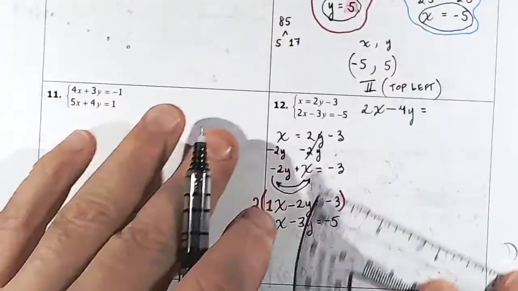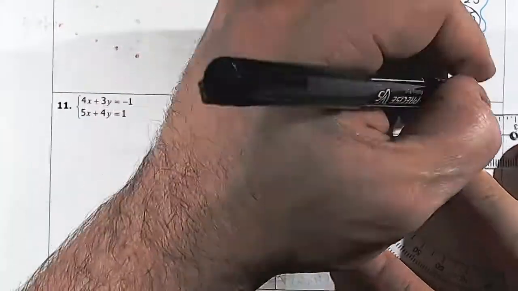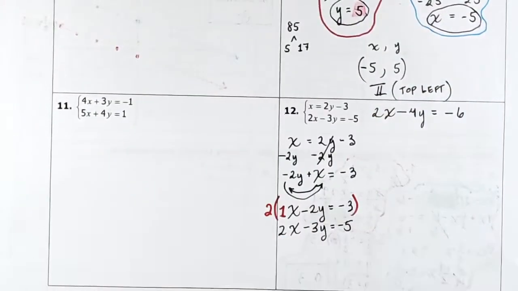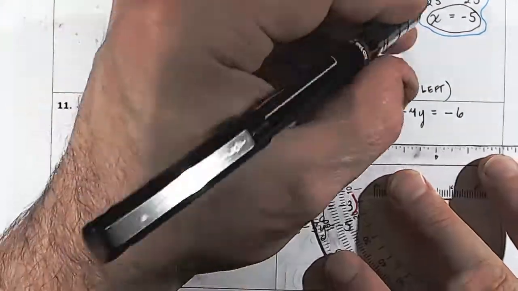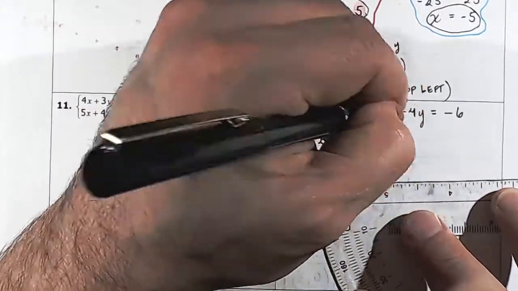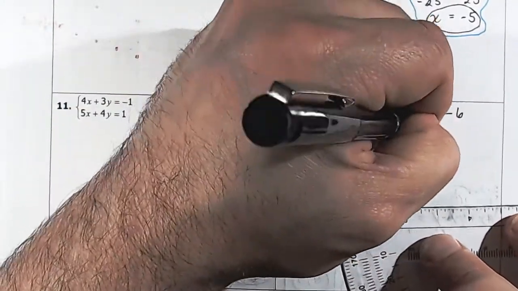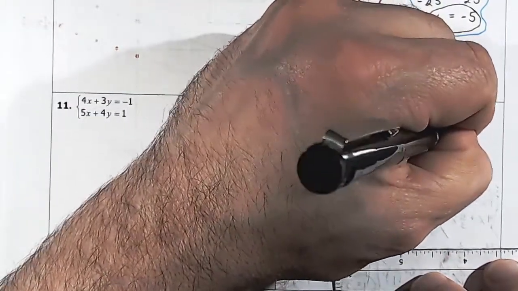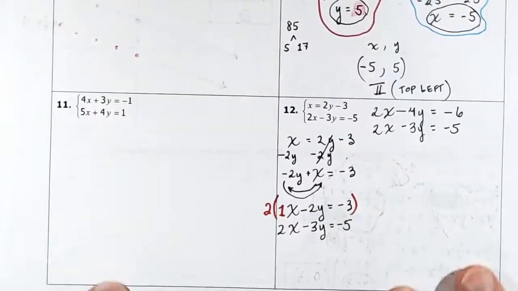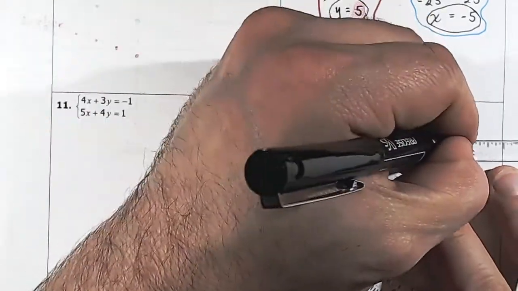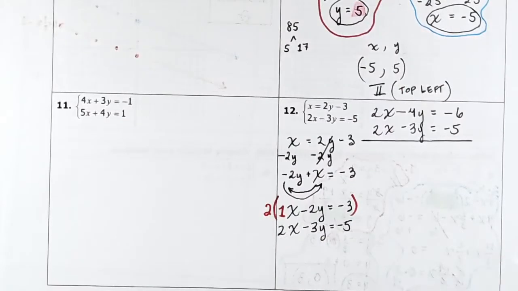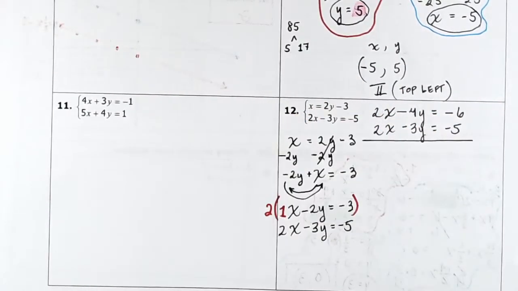Equals 2 times negative 3 is negative 6. Okay, and the bottom equation just gets rewritten. 2x minus 3y equals negative 5. All right, and I'm going to leave it to you to solve from there.